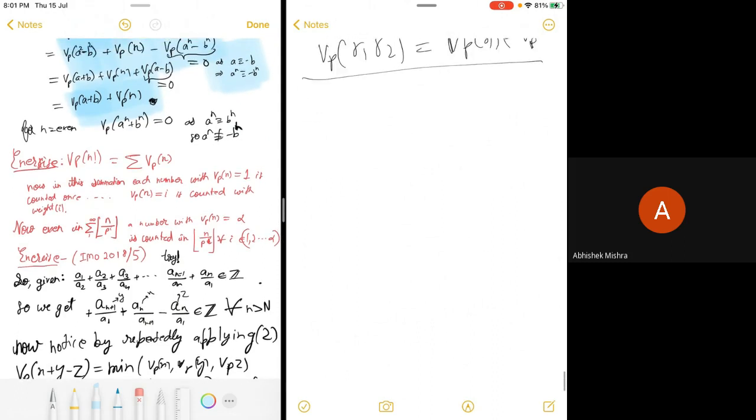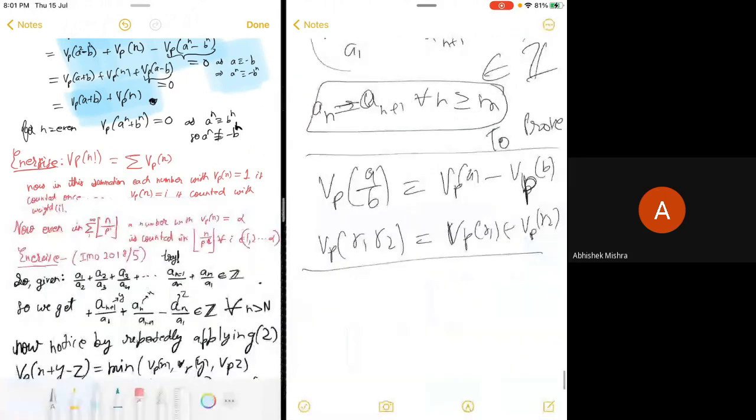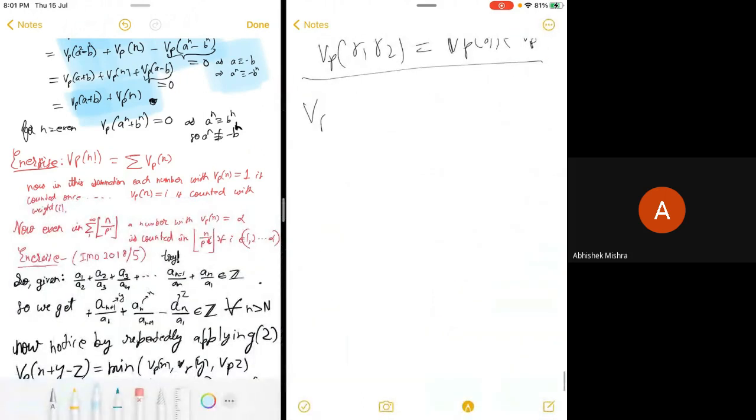Just to give an idea, we can say that Vp of x plus y plus z is actually equal to the minimum of these Vps, unless some two of x, y, z have the same Vp.